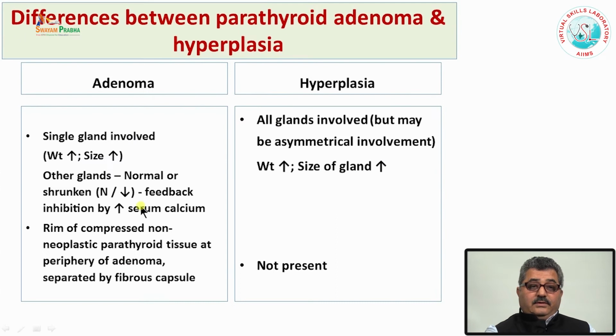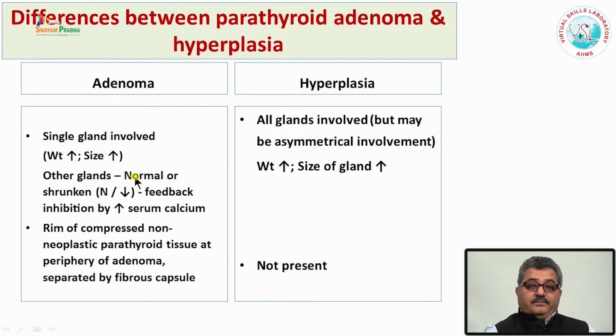This shows the differences between adenoma and hyperplasia. As I mentioned, in hyperplasia all four glands are involved, and sometimes there may be asymmetrical involvement, which causes nodular hyperplasia that can be confused with adenomas. But in adenomas, usually a single gland is involved, rarely two glands.